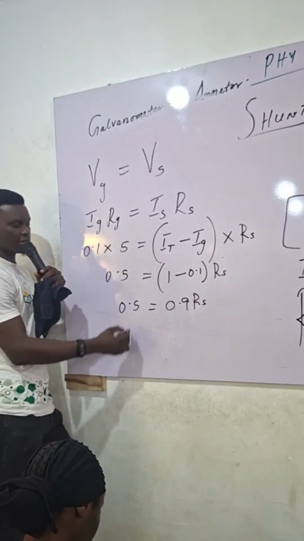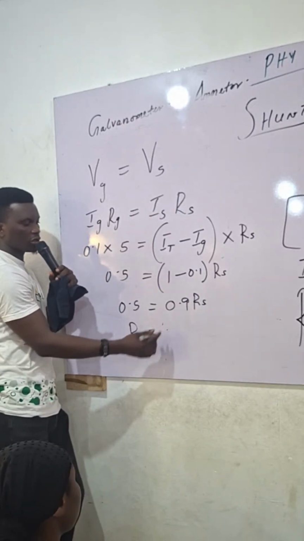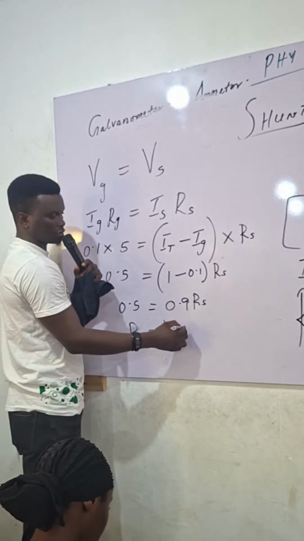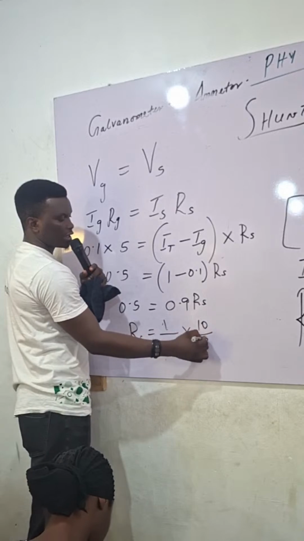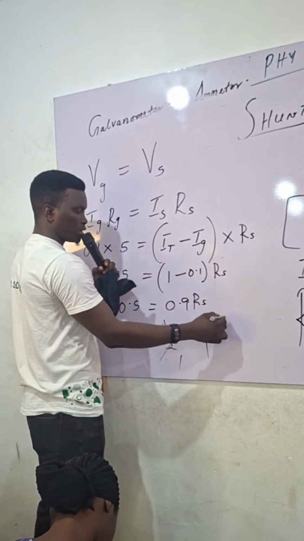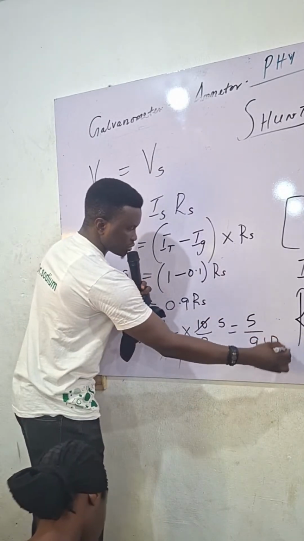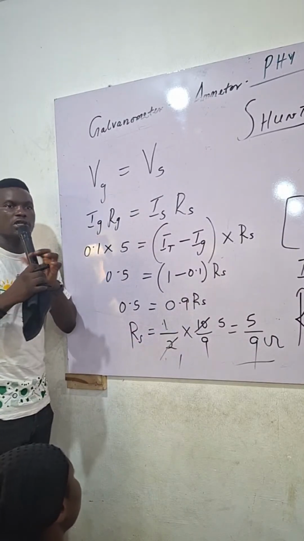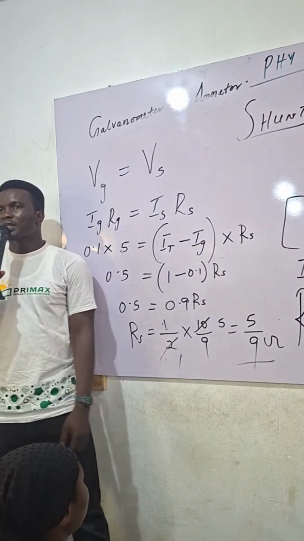The Rs is going to be 0.5 over 0.9. To make your maths easier, you can say 1 divided by 1.8. So that's 5/9 ohms in parallel. So that's all. Oh yeah, next one.